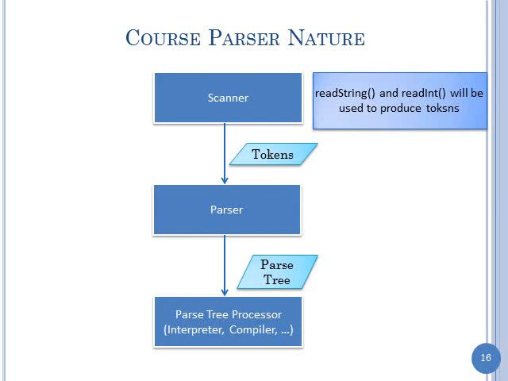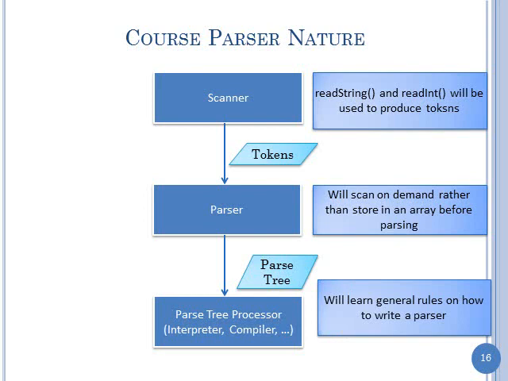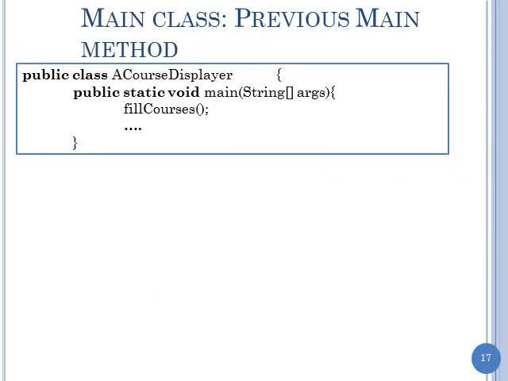In fact, I won't create all the tokens first and then do the parsing like I'm asking you guys to do, which is simpler. I'll parse as tokens are produced, which is typically how parsers work. I just made your task easier. So we'll scan on demand rather than store in an array before parsing. And that will tell us general rules on how to write it. So things are going to change a little bit.